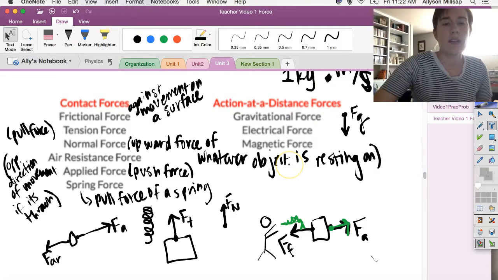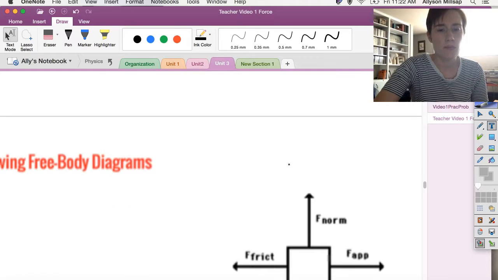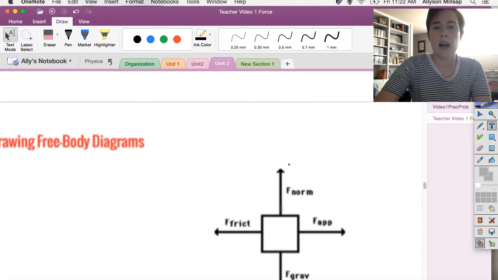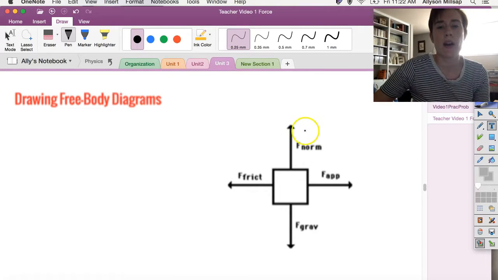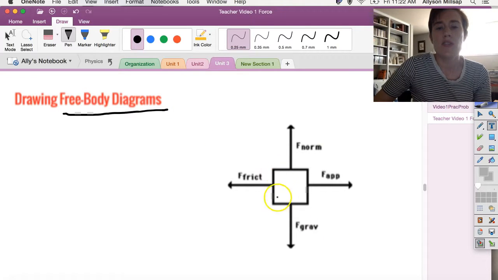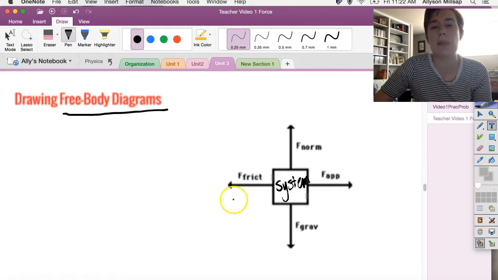Okay, so now let's go ahead and apply this to some problems. When we draw an object and we label all the forces that are happening with arrows, we call this a free body diagram, okay? You first have to show the system, which is the object that is encountering the forces, and then you need to write down all the forces that are at play in the environment around it.